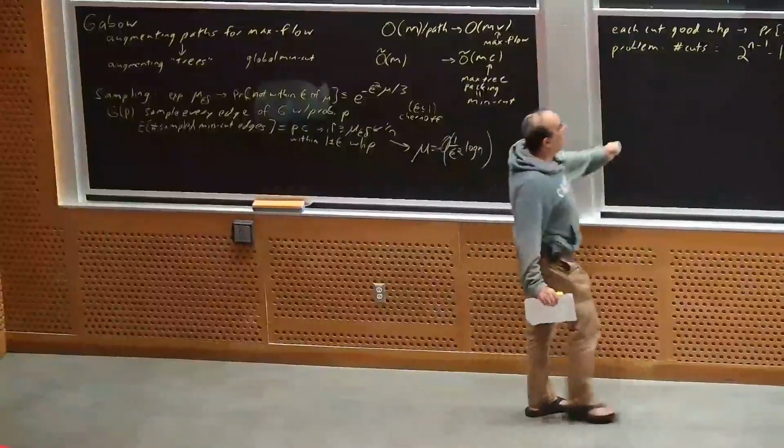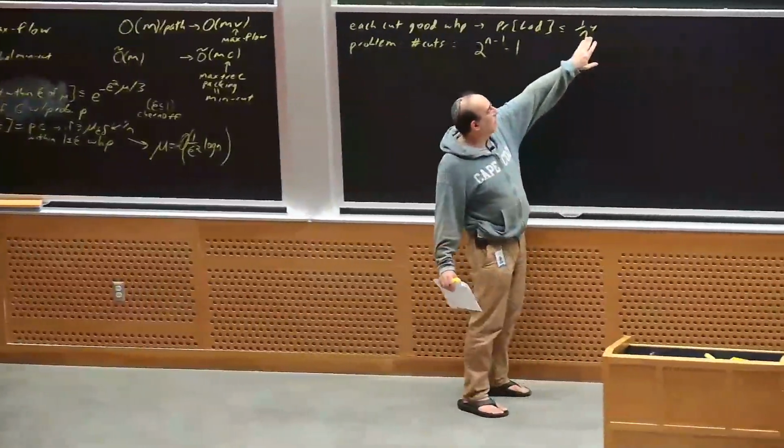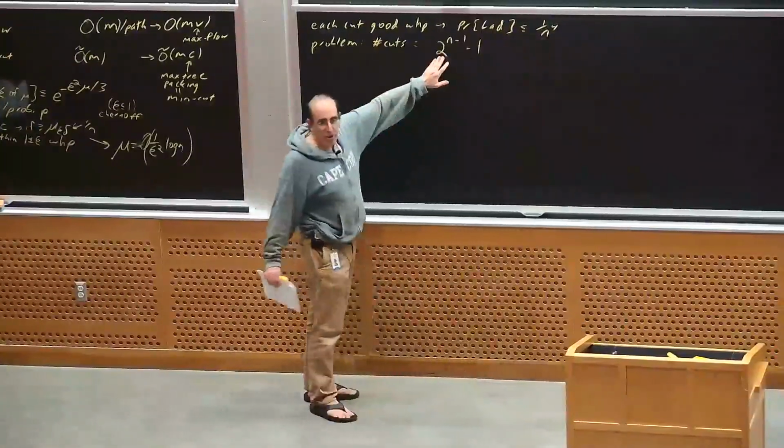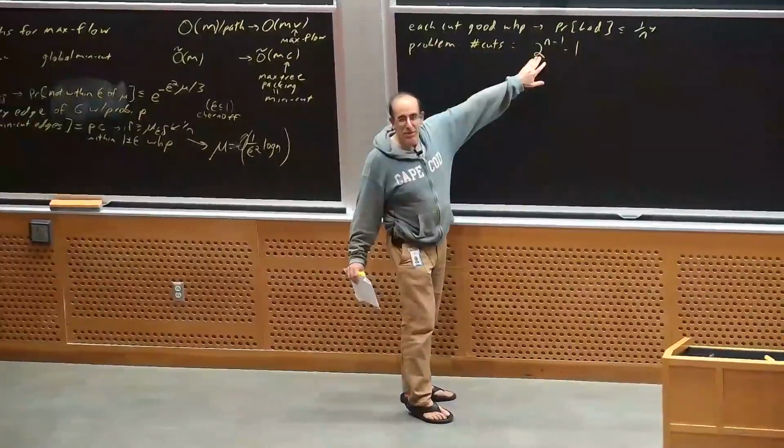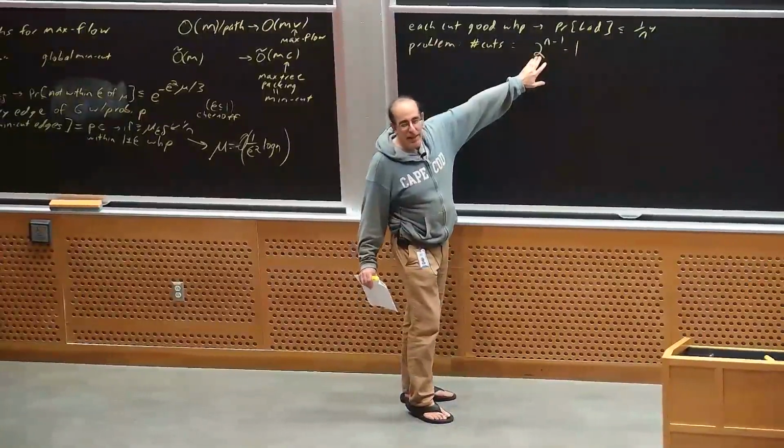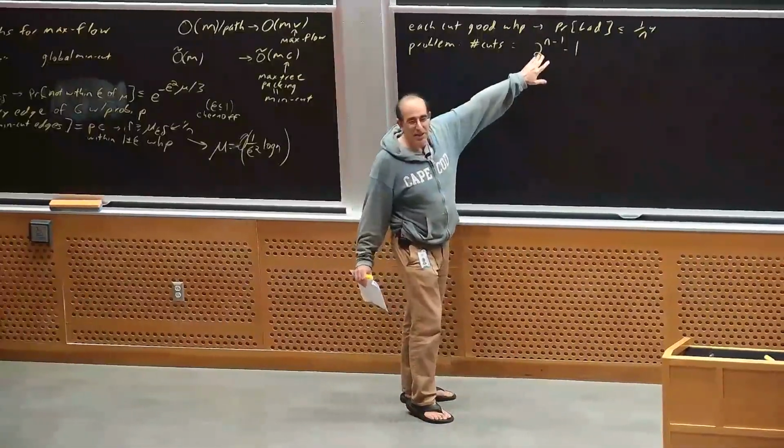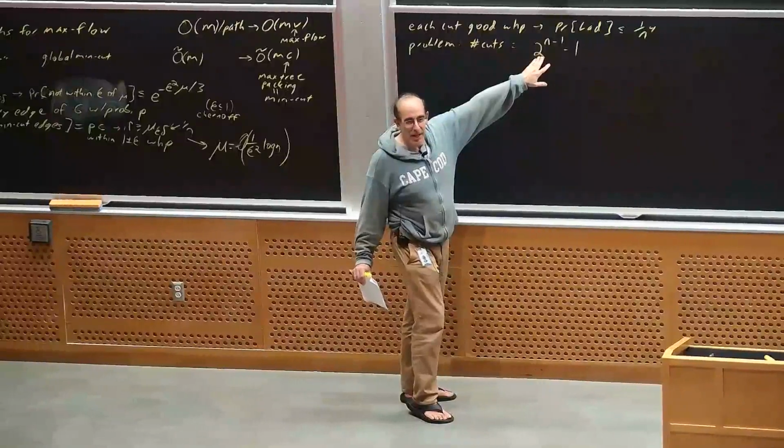And so, although this is a small probability for many purposes, it's much too large a probability if we're just going to use the union bound. Except, this is what I ended last lecture with, it turns out that the union bound works anyway. Okay?